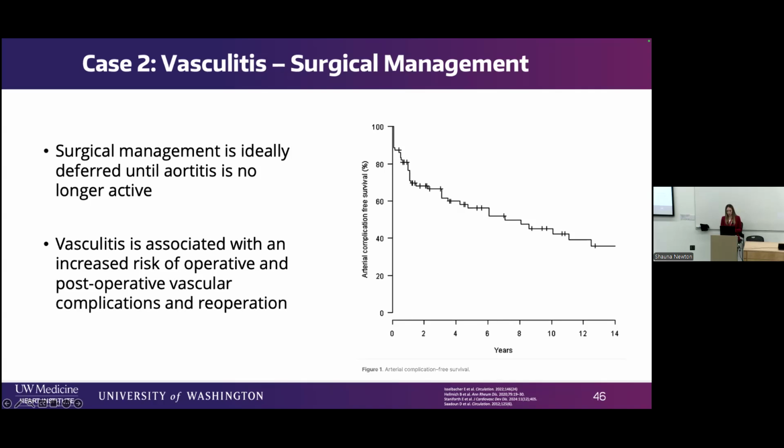These include bleeding, stroke, or a need for reintervention. Patients who had biological inflammation at the time of revascularization had a 7 times increased likelihood of complication, and this did not matter whether the surgery was open or endovascular.